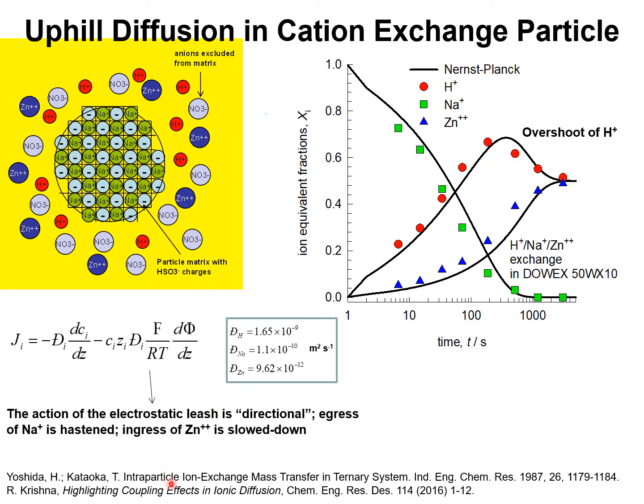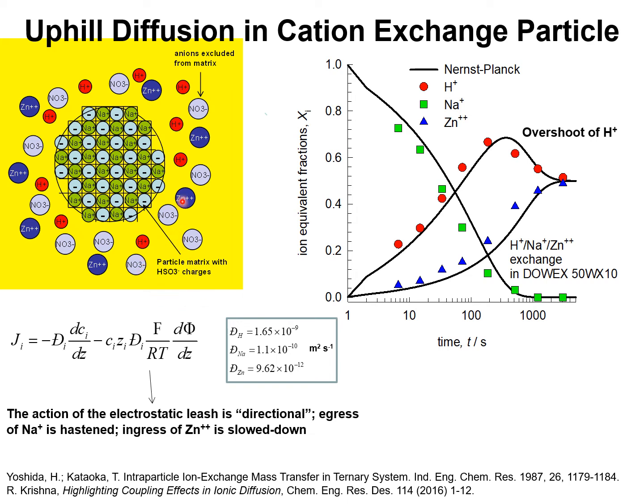Yoshida and Kataoka report experiments for transient uptake of cations in a cation exchange particle, DX50W X10. The cation exchange particle consists of fixed negative charges, and negatively charged anions cannot enter the particle.